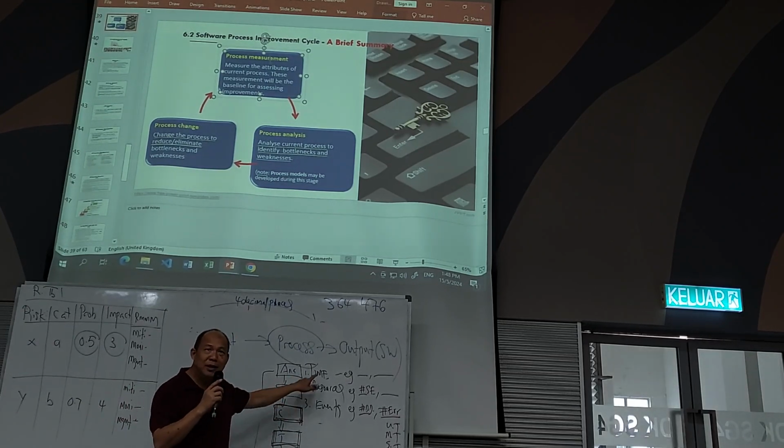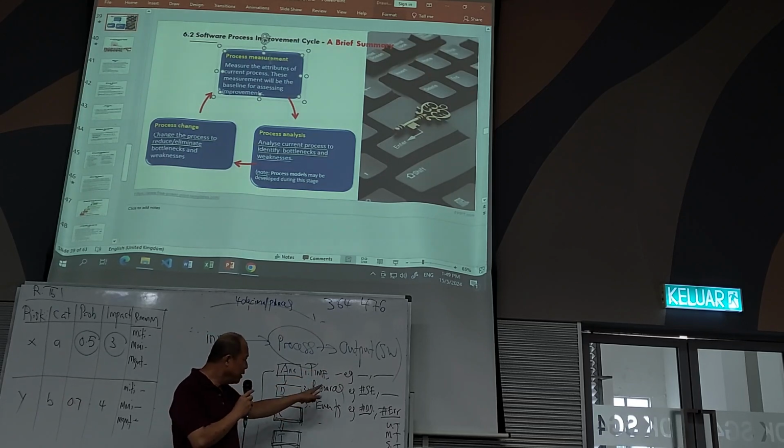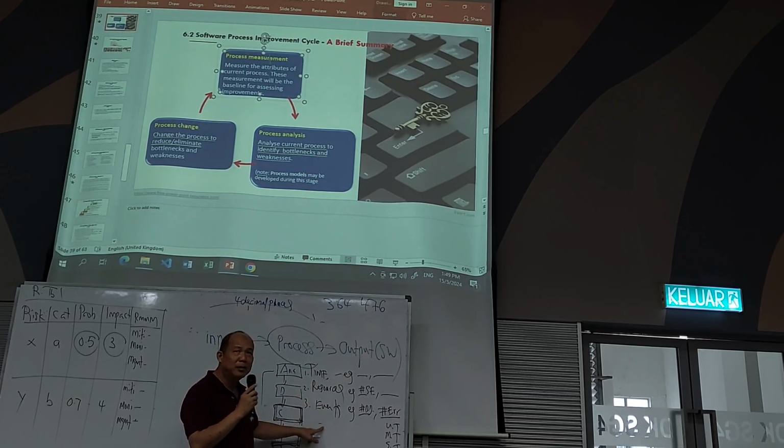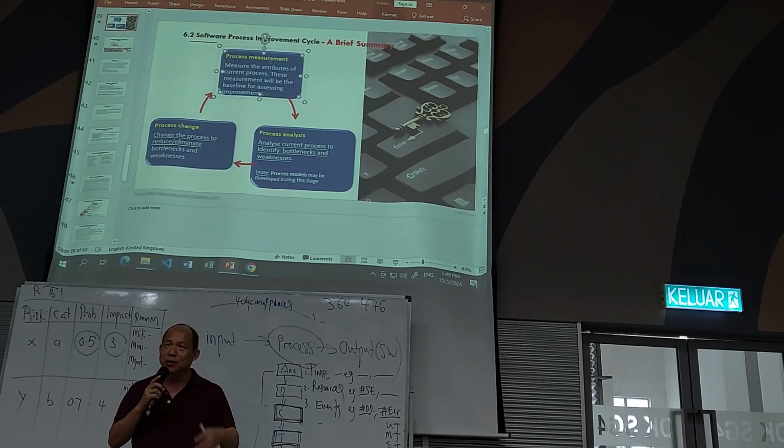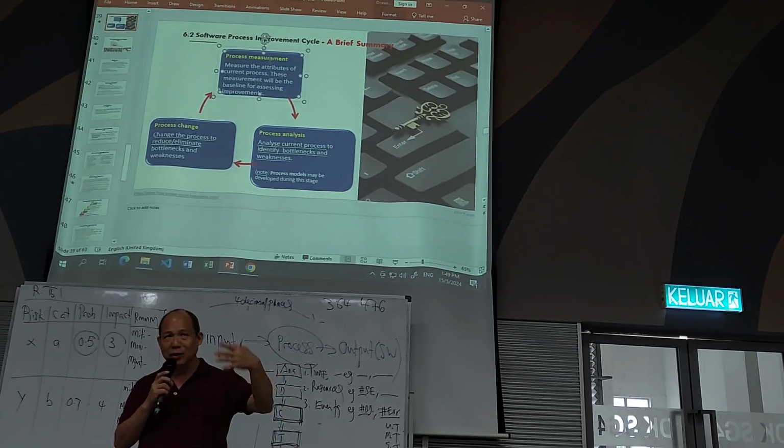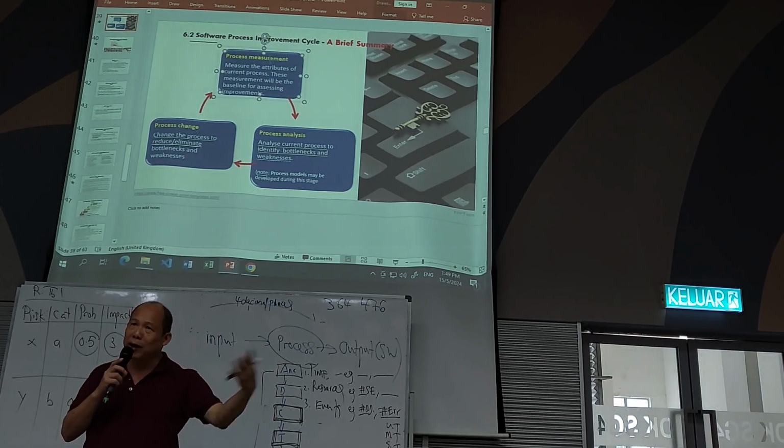The textbook says this is what you can measure. There are also other things that you can measure. You don't know? Use GQM to find out.